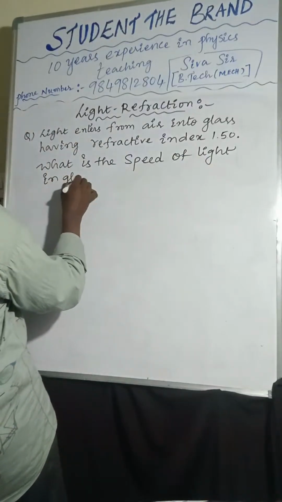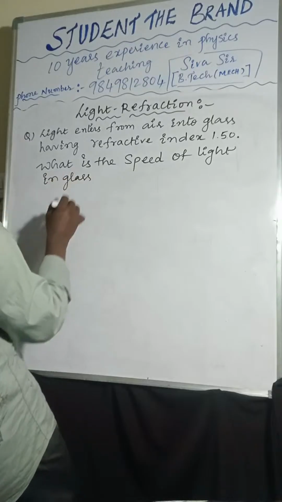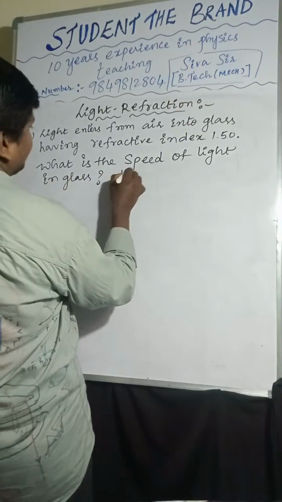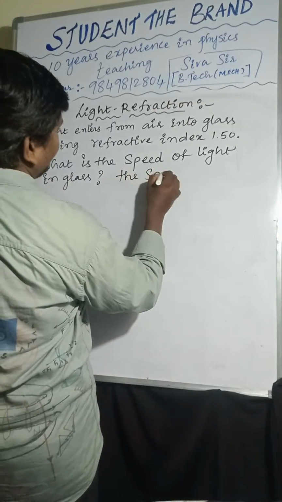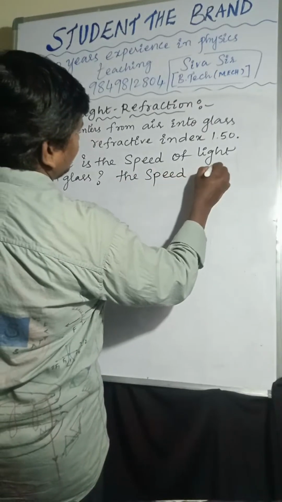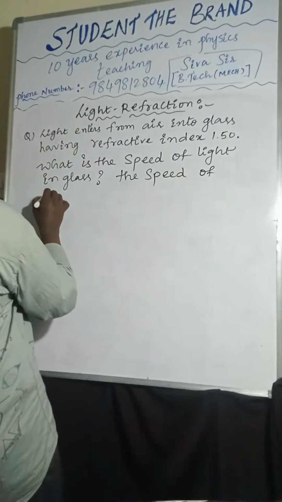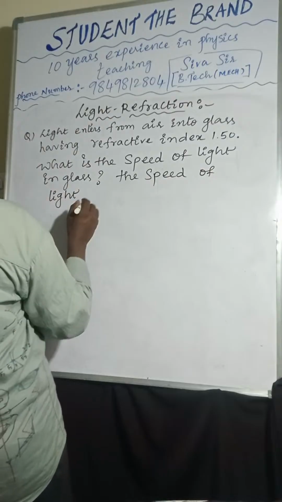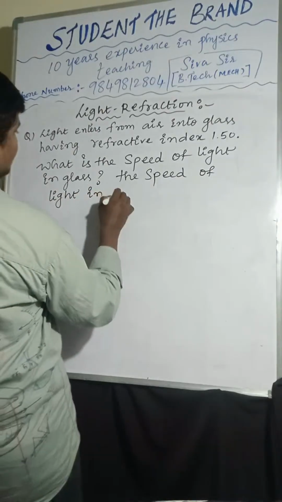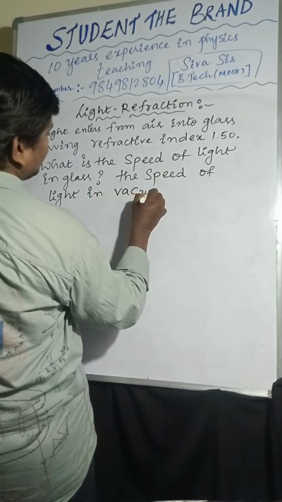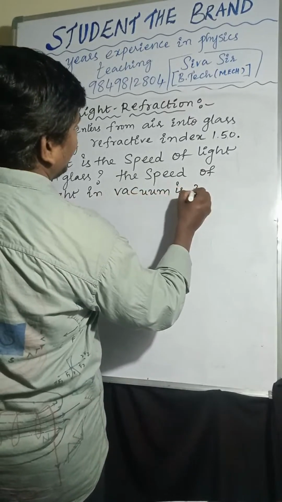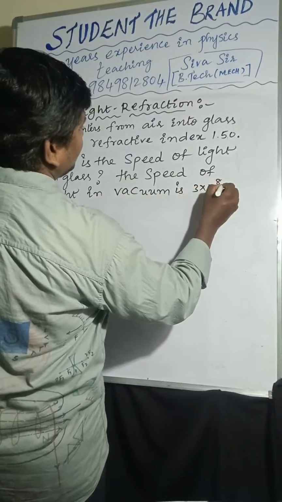The speed of light in vacuum is 3 into 10 power 8 meter per second.